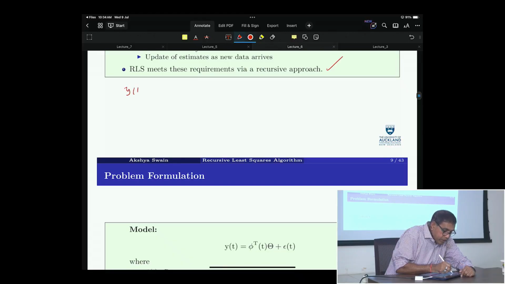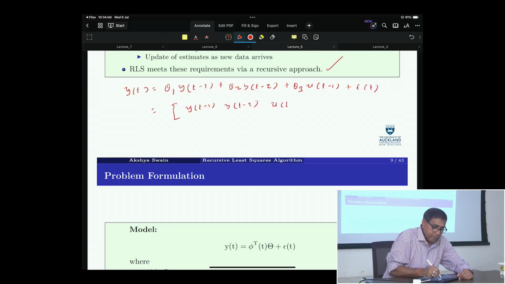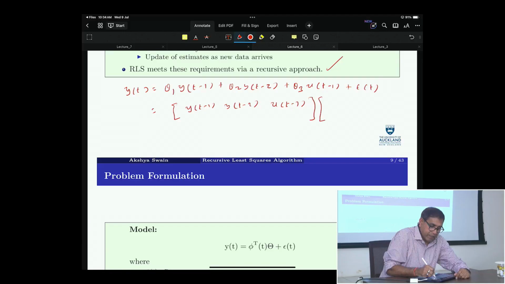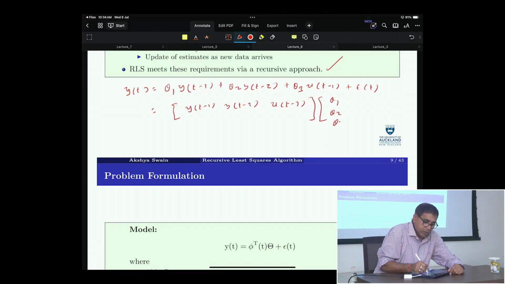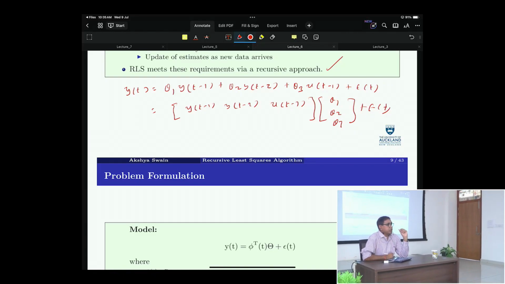I'm just writing 3 terms: yt is equal to theta 1 yt minus 1 plus theta 2 yt minus 2 plus theta 3 ut minus 1 plus epsilon t, that is equal to yt minus 1, yt minus 2, ut minus 1 times the parameter vector theta 1, theta 2, theta 3, plus epsilon t. Clear? I am taking only 3 terms without making it complex.